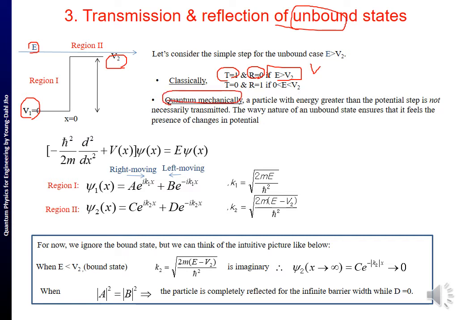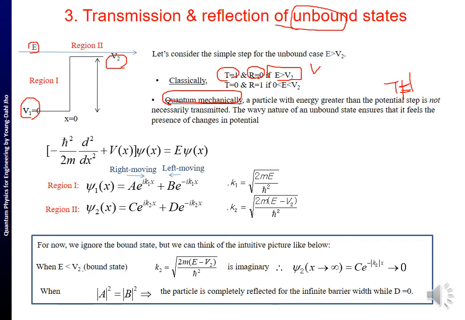A particle with energy greater than the potential step is not necessarily transmitted. So T cannot be 1. It is now less than 1. The wave nature of an unbound state ensures that it feels the presence of changes in potential.